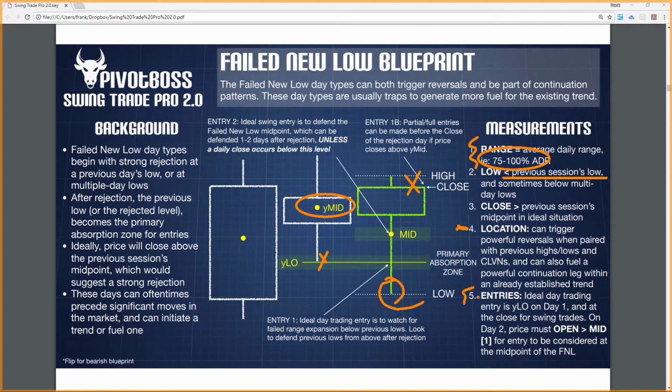And lastly, entries. The ideal day trading entry is the previous low on day one, so a rejection of that low. So if price comes in to that low and breaks below it, you can look to engage that rejection right at that point. So sometimes you can anticipate ahead of time.